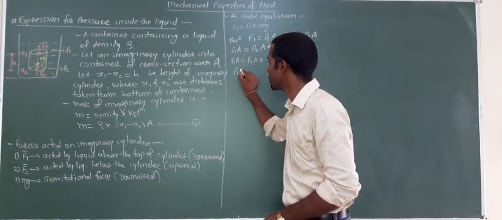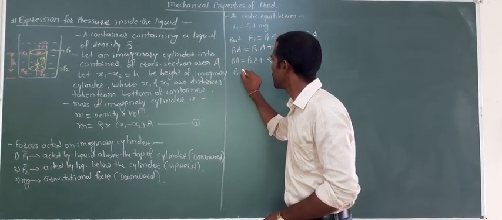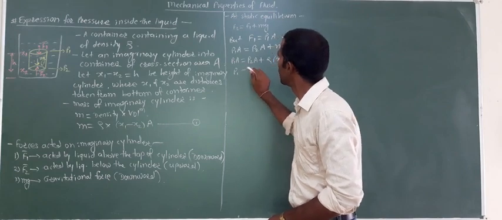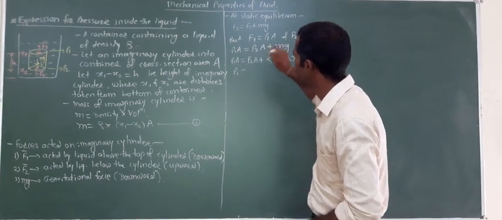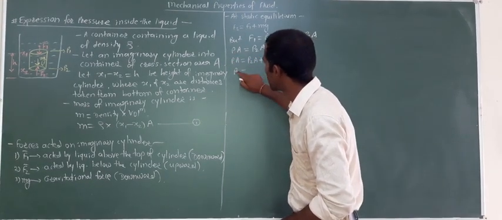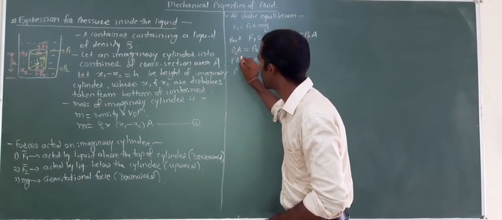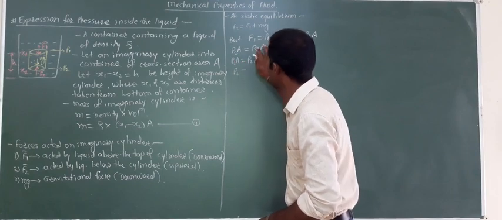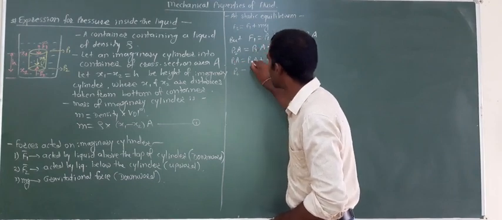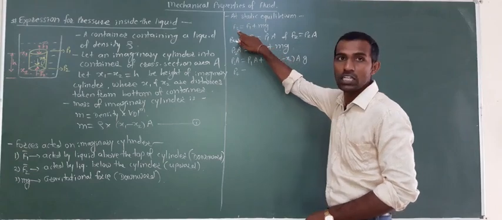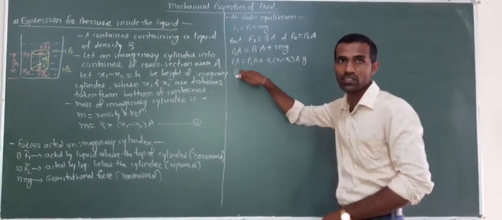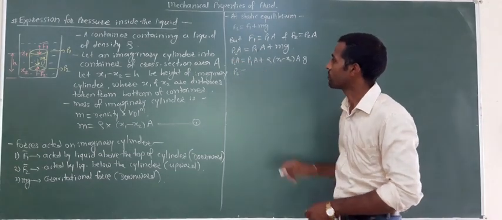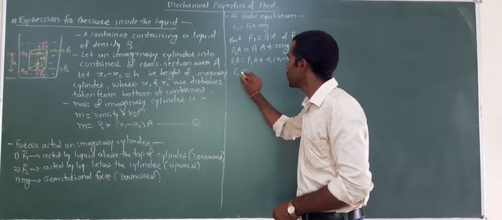So we get the equation. Here the pressure is P2 and here the pressure is P1. Here F2 is P2A.